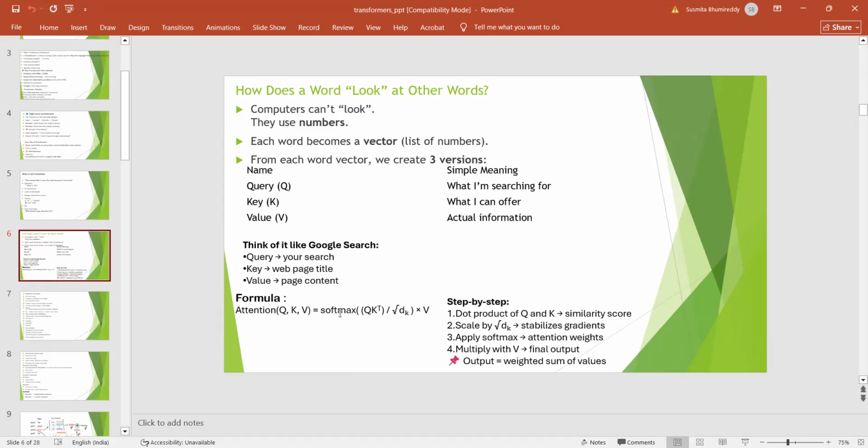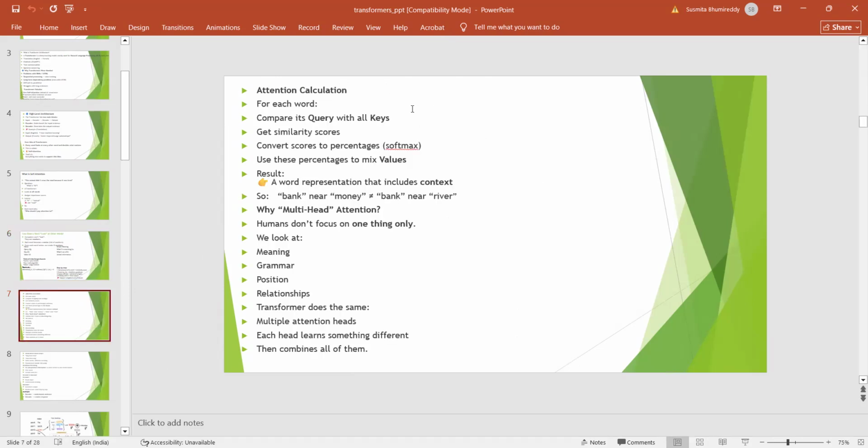As I said, we use the softmax, which converts scores into percentages, and then we use these percentages to mix the values. As a result, we get a word representation that includes context. Suppose we have two examples: one is a bank related to money, and one is a bank related to a river, so we can find that those two bank words are different. This is how we calculate the attention and get the word representation.